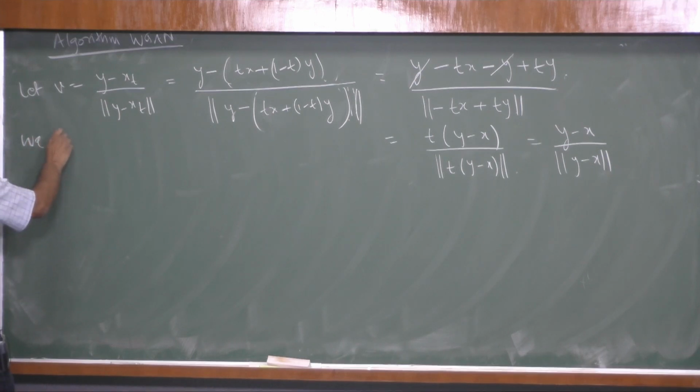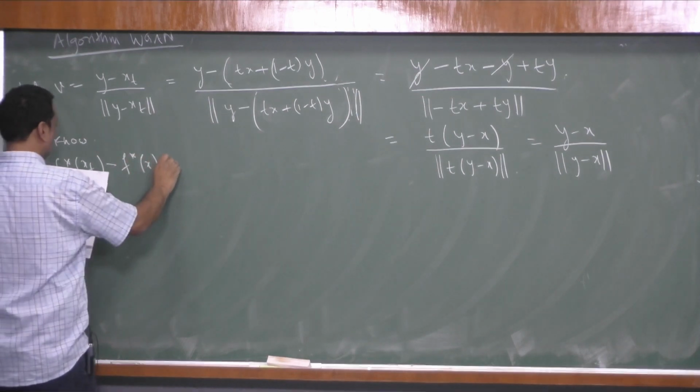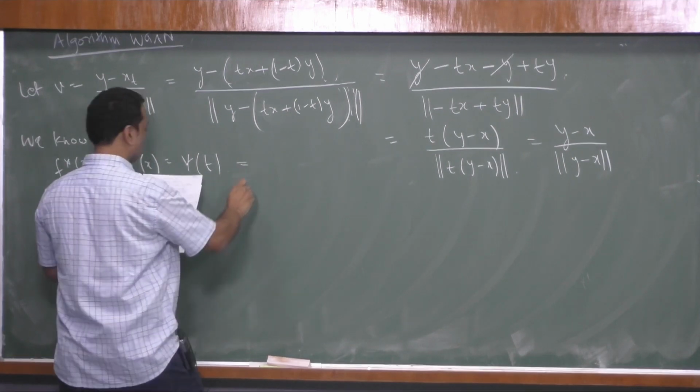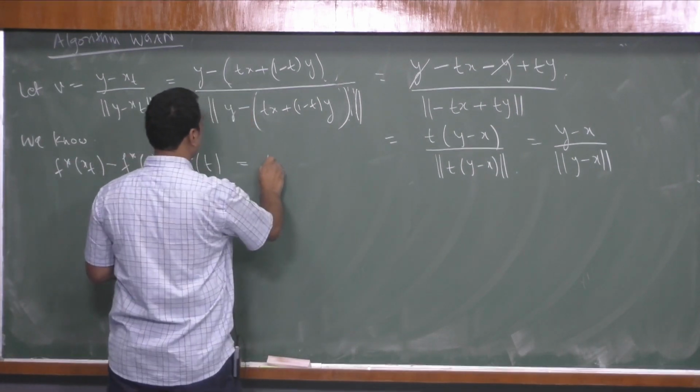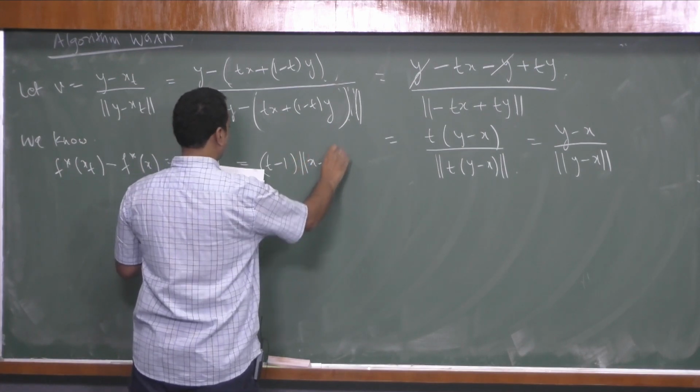Now we know that, so what do we know? We know that f star xt minus f star x is psi t, which is, with our correction, t minus 1 and norm x minus y.